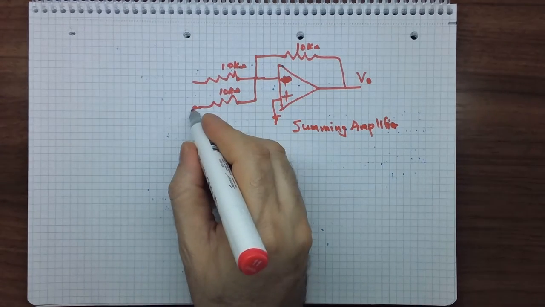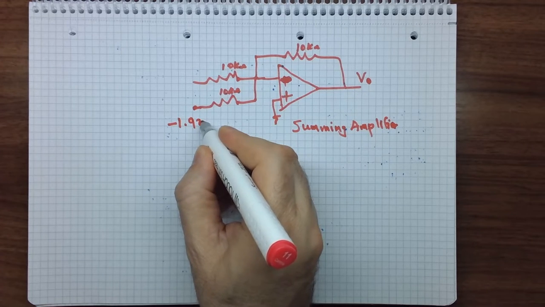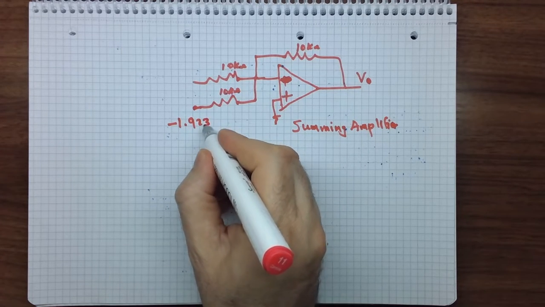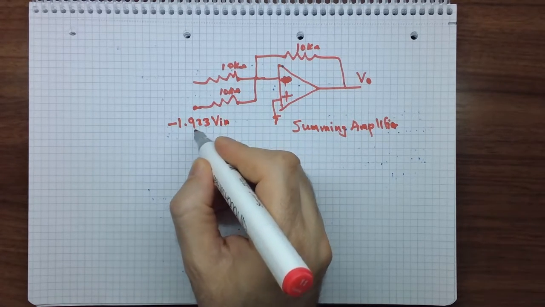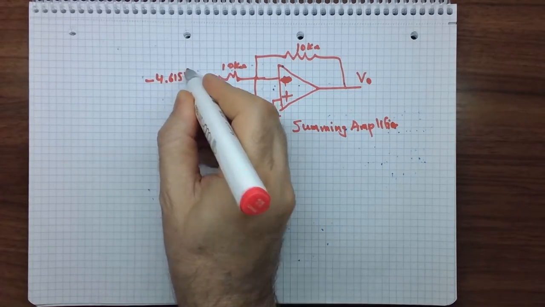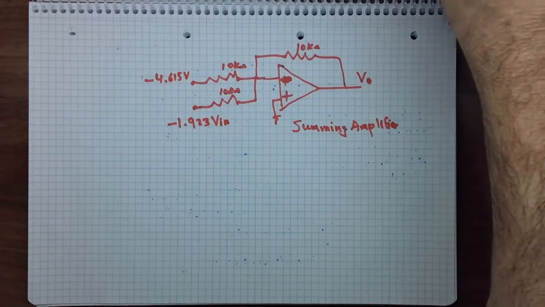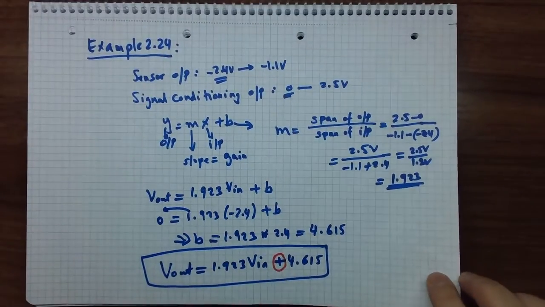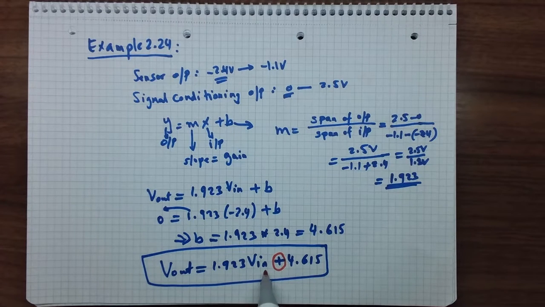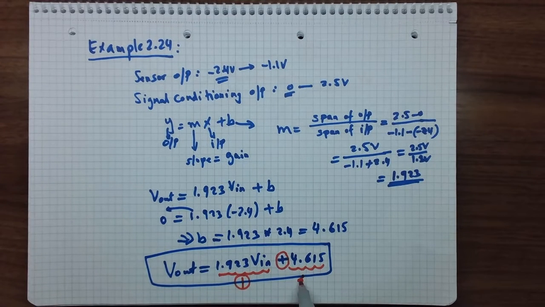Okay, so we can put here minus 1.923 Vin, and here we can put minus 4.615, because if you remember the equation that we derived earlier, this is the equation. So the first term is the first input, and the second term is the second input.